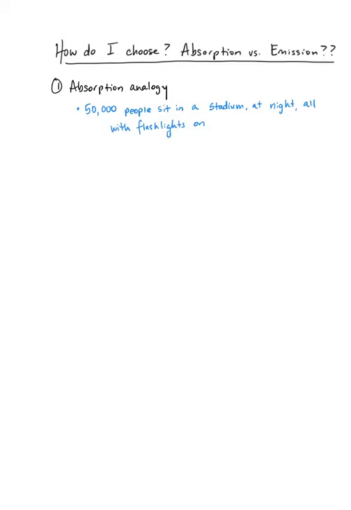First, let's think about absorption. Imagine that there is no coronavirus and 50,000 people are together in a stadium at night, all with just flashlights on and no stadium lights shining. We might expect then that, for analogy purposes, the incident power from all of those flashlights is 50,000 arbitrary units.